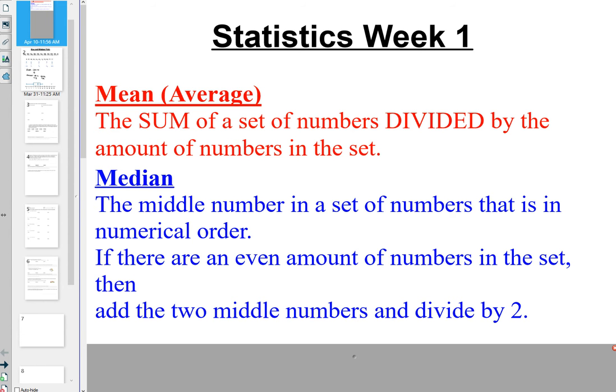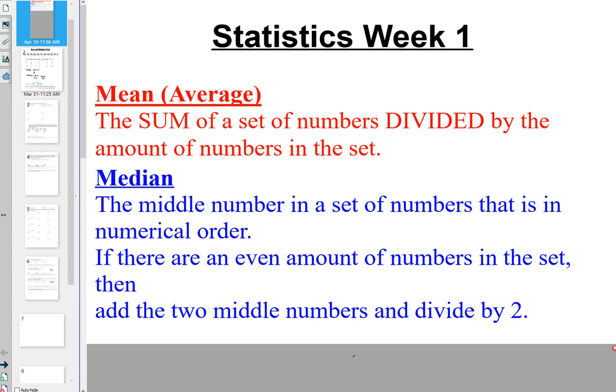Without reading, can somebody tell me what median is? What do you know from previous knowledge about median? Nobody remembers anything about median? It's the one number that's in the middle.